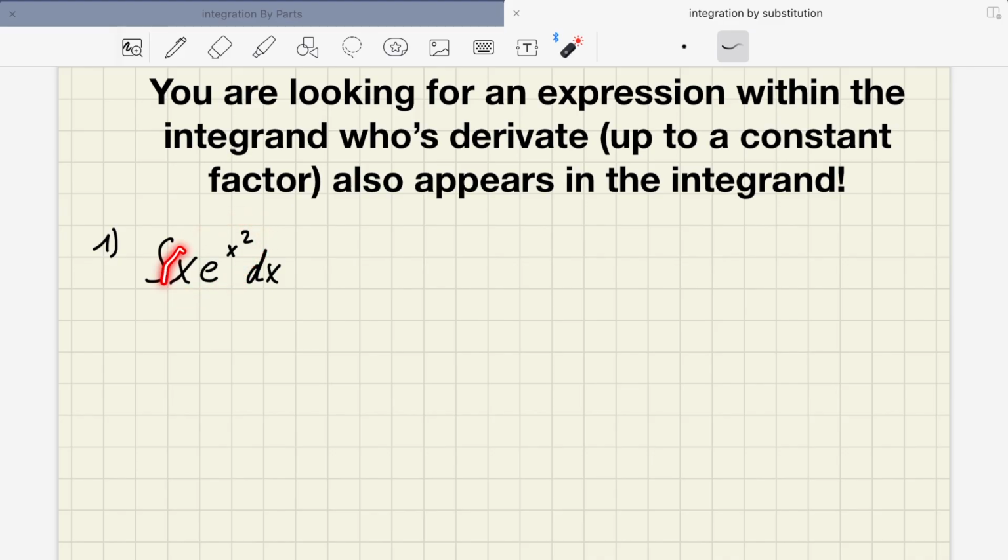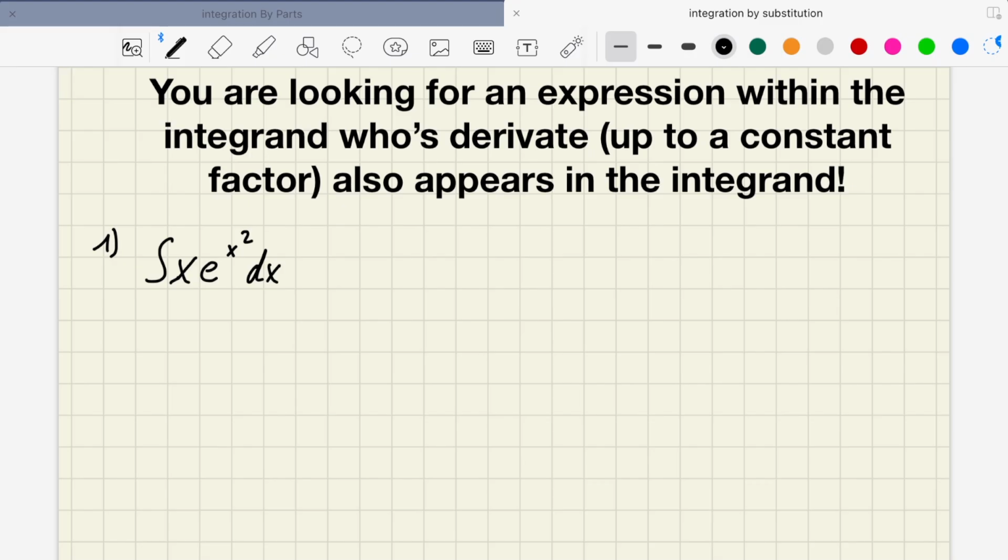You have two factors: x and e to the power of x squared. If you differentiate x, it becomes 1, it's obvious. If you differentiate x to the power of 2, it will become 2x. And 2x appears in this integrand apart from a constant factor. It's x. Okay, so you are going to substitute x to the power of 2.